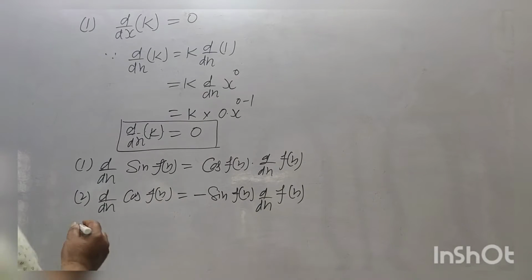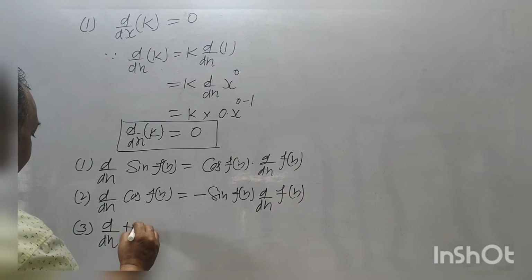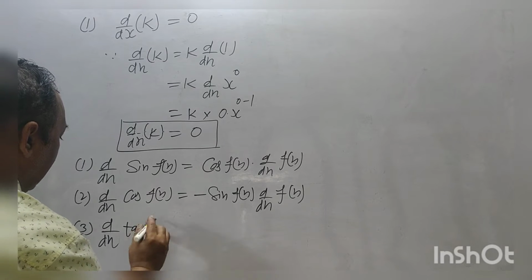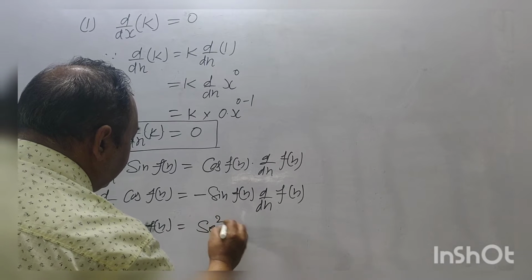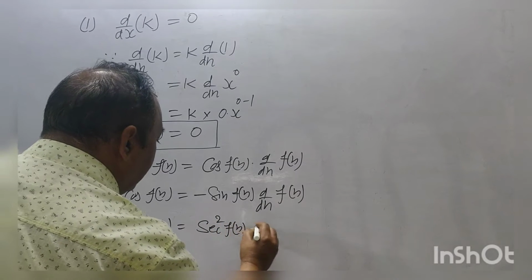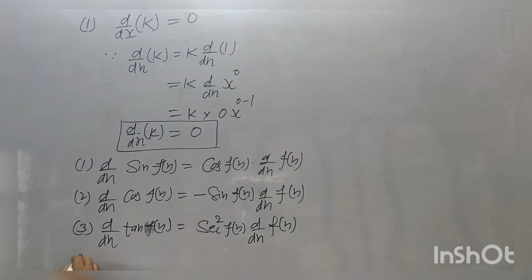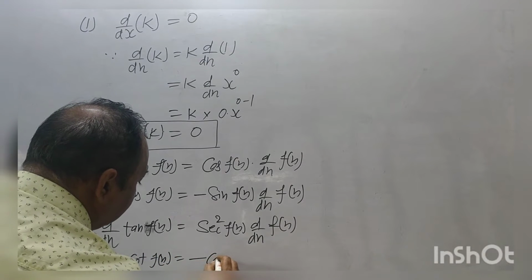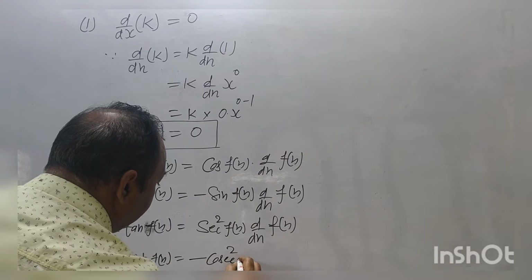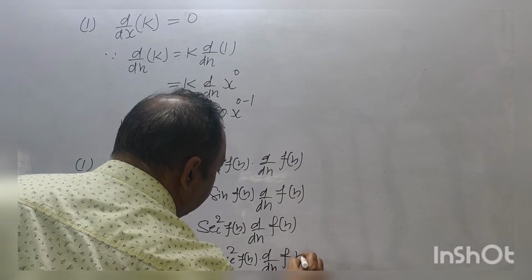And third is similarly d upon dx of tangent fx is equal to secant square fx further derivative of fx and derivative of cot fx is equal to minus cosecant square fx into further derivative of fx.